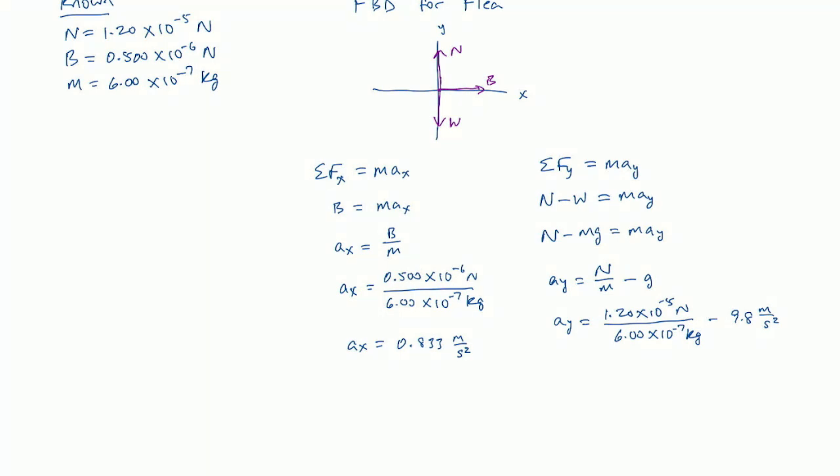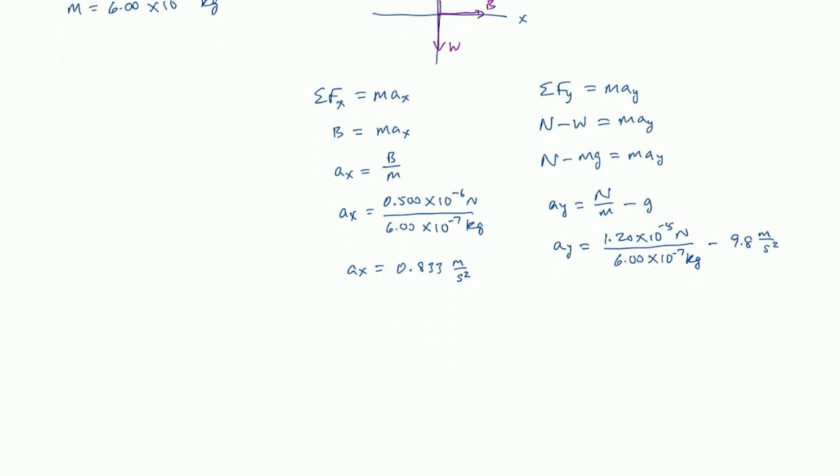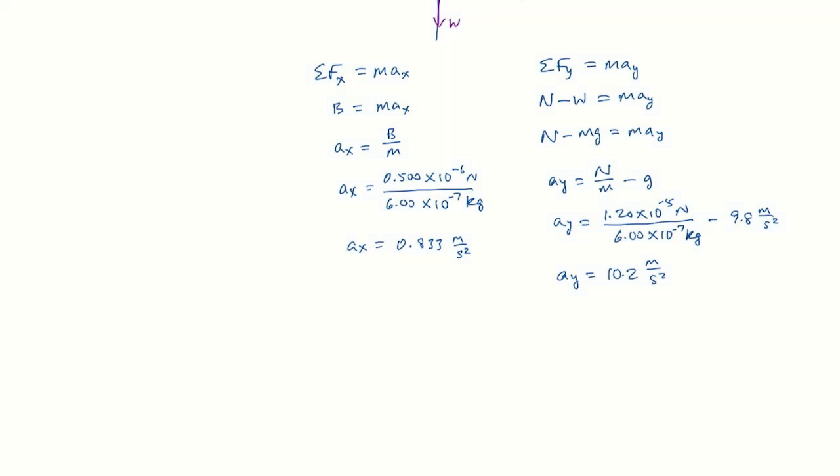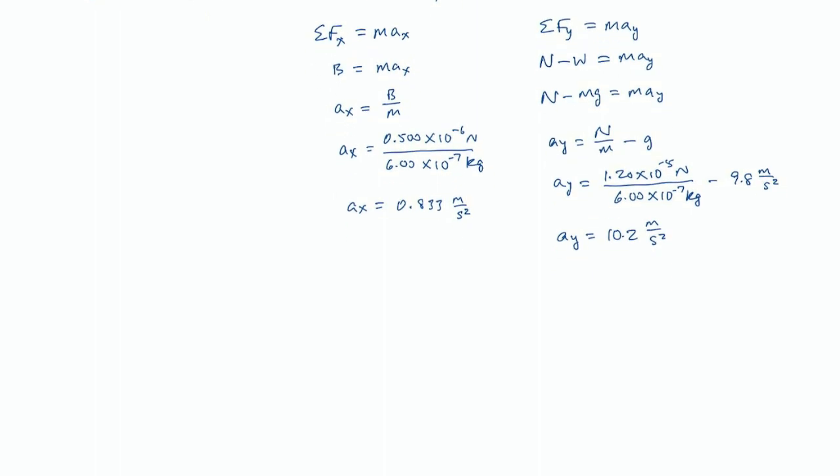It's always taken to be a positive quantity. So we don't introduce a second negative sign there. All right, a sub y ends up being 10.2 meters per second squared. So now we have the two components of the acceleration, so we can find the magnitude.